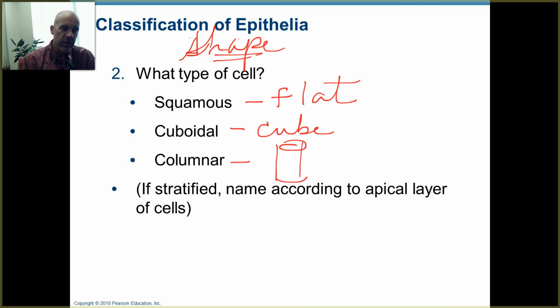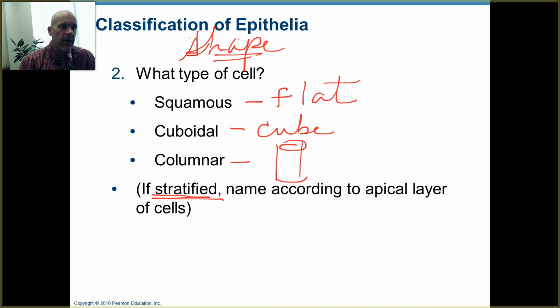All right, so what you do is you put those two things together, simple or stratified, and then squamous, cuboidal, or columnar. You put those two together based on what the tissue looks like, and that's how you wind up with your epithelial tissue name. Now, if you have a stratified epithelial tissue, sometimes you'll have mixed types of cells in there, like you might have some squamous cells mixed in with some cuboidal, and those tissues are named according to the cell shape on the apical side, the side that is at the surface or the lining.